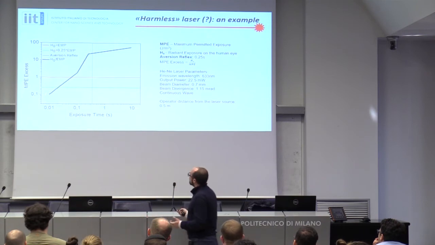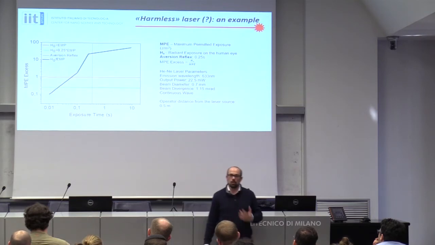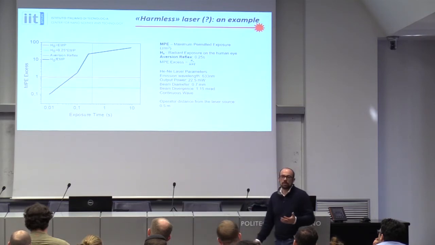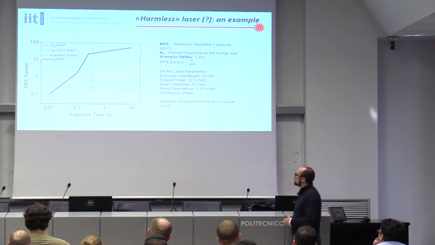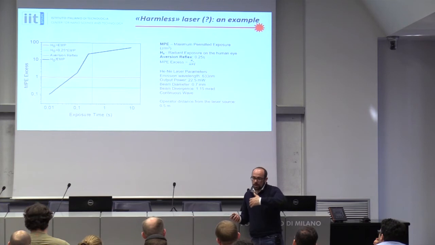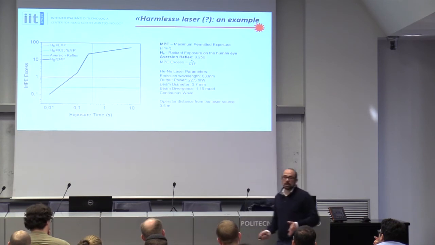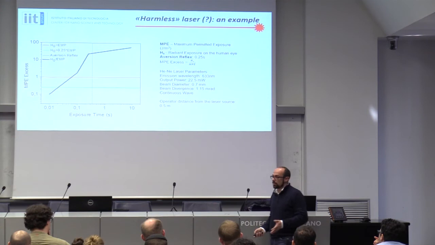And if you want to go to 0.2 MPE, then you have to go to 20 milliseconds, which is non-human. Not even 50 is human, but 20 is even less human. And this is probably one of the safest lasers that I've ever seen in a university lab, in a research lab in principle.